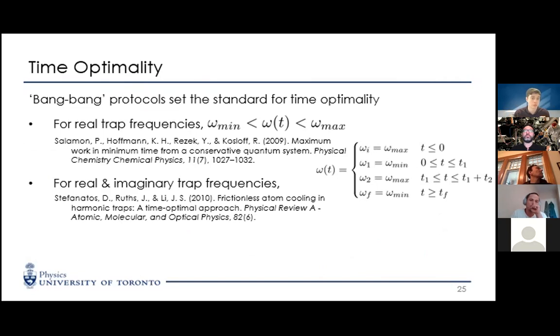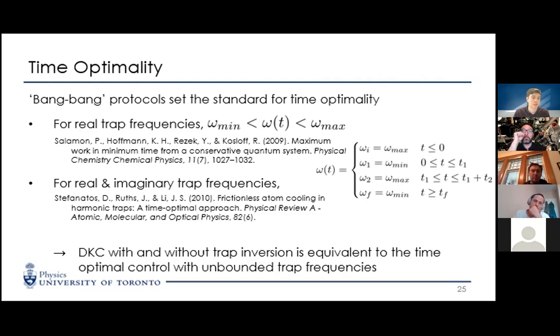Because in order to implement a delta kick, a kick that's instantaneous in time, you need an infinitely large or an infinitely strong harmonic oscillator. So in that sense, delta-kick cooling is equivalent to bang-bang protocols where your accessible trap frequencies are unbounded. And so it's by this equivalence that delta-kick cooling is time optimal, in that it's equivalent to the bang-bang protocol with unbounded trap frequencies.